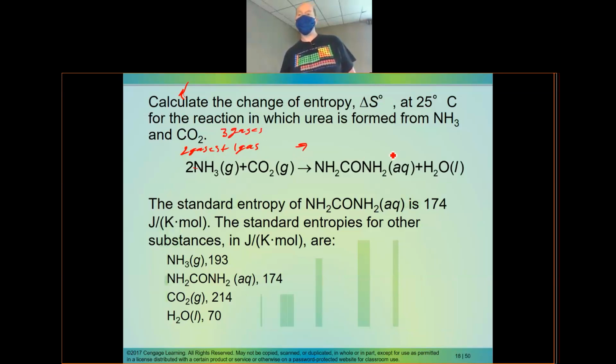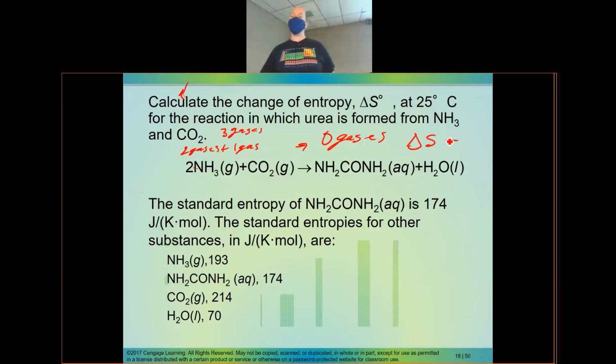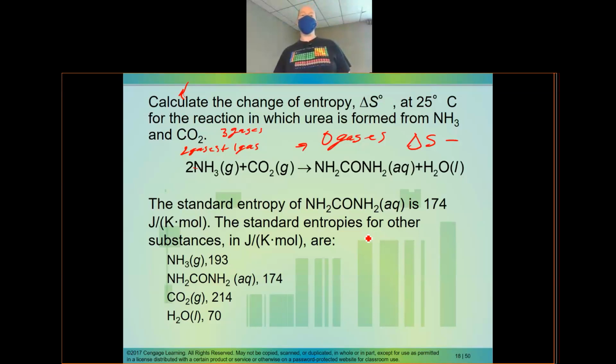And then on this side, we have 0 gases. We have an aqueous, we have a liquid, we have no gas, versus 3 gases, disorder all over the place, going to more order or less disorder. And so when you have less disorder, delta S is negative.